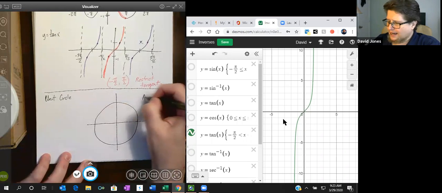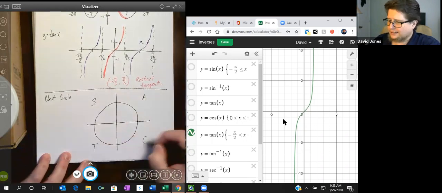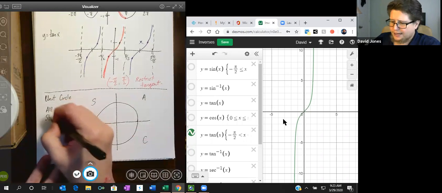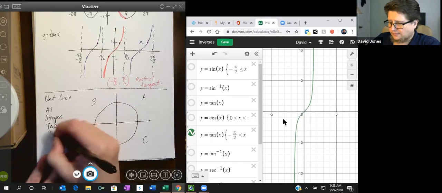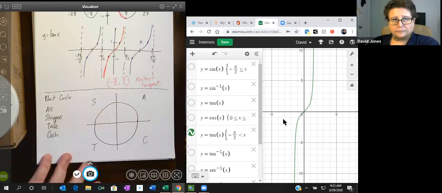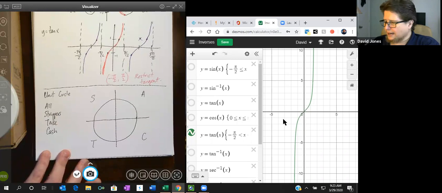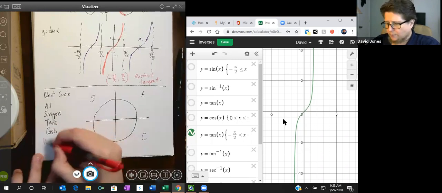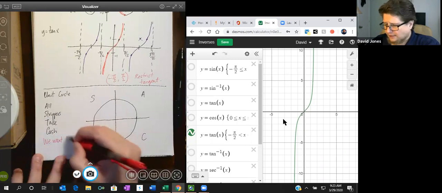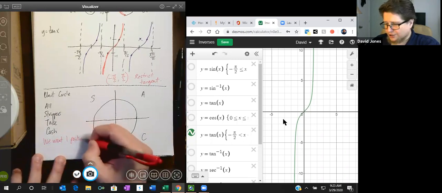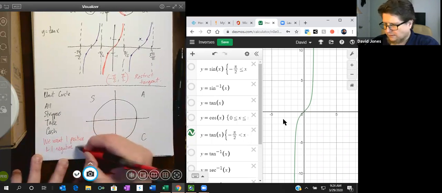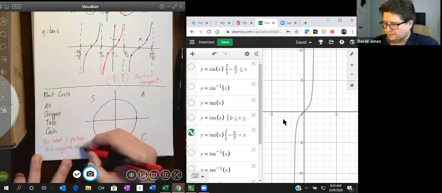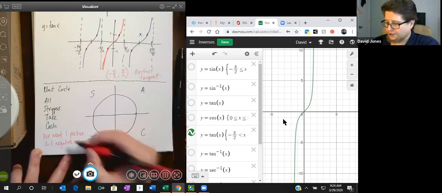Remember, we have A, S, T, C. All strippers take cash. And the idea is we want to restrict. We want one positive region and one negative region for each trig function.